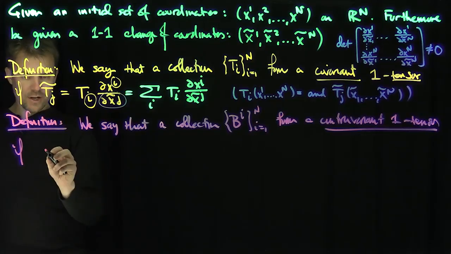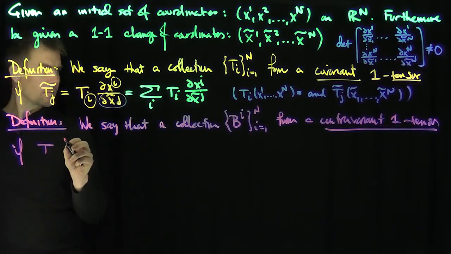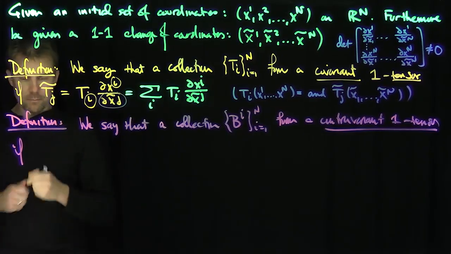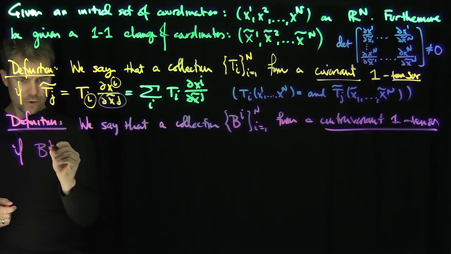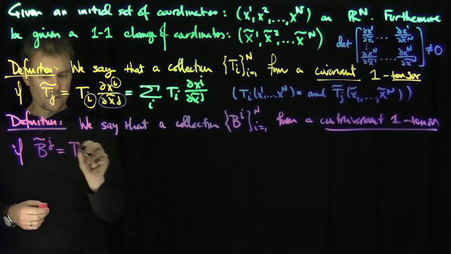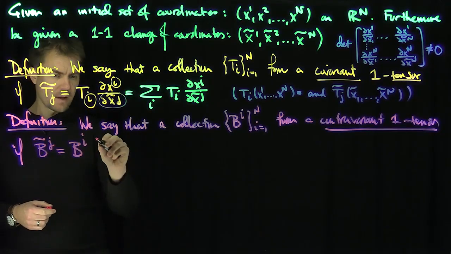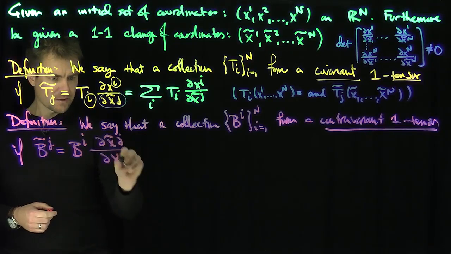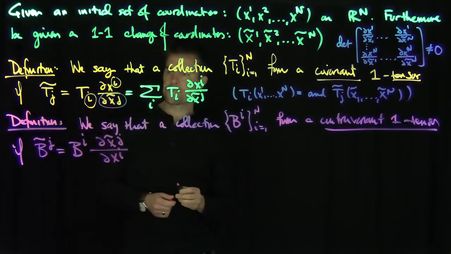If Tj tilde, I guess I said b over here, so I'll say b, not t. If b j tilde in the tilde coordinates are equal to bi, and then xj tilde over xi, like that, okay?